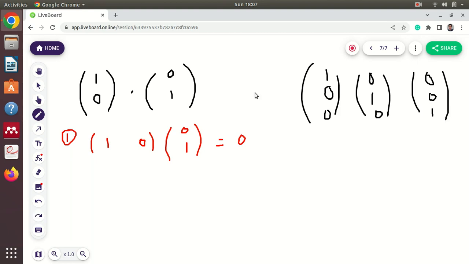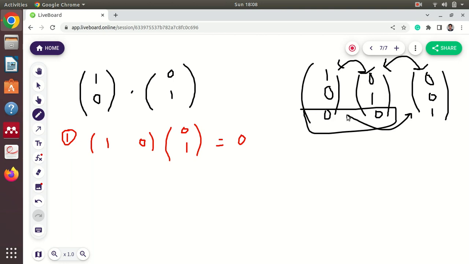When the third component is absent, in only 2 dimensions, this part is not there, so it is just the same as this. So you can check for these 3 vectors. You have pairs of vectors, and you have to check the orthogonality between each pair. So you have to take 3 inner products.